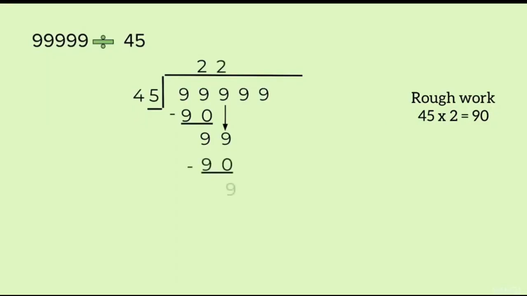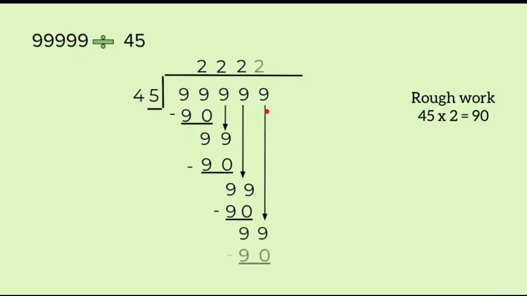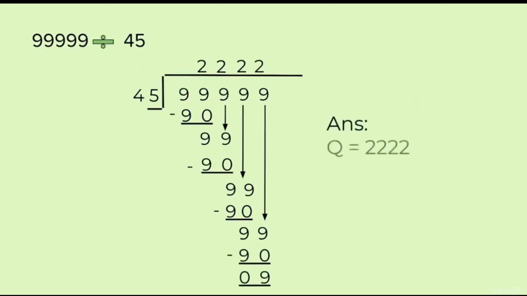You can see the remainder is 9 and the quotient is 2222. The answer is 2222, 4 times 2, and the remainder is 9.